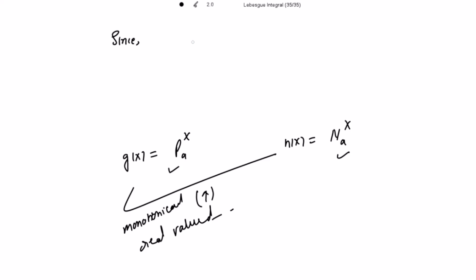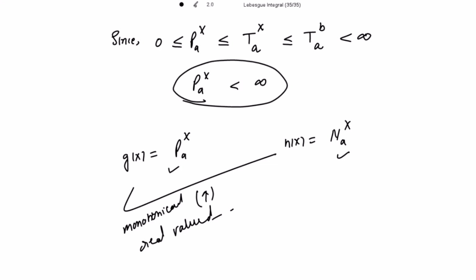So this P(a,x) is greater than or equal to 0, and it is also less than or equal to the total variation over [a, x], and this is further less than or equal to the total variation over the closed interval [a, b], and we know that this is always finite. So P(a,x) is finite, and because this is finite, this becomes a real valued function. It gives real values.